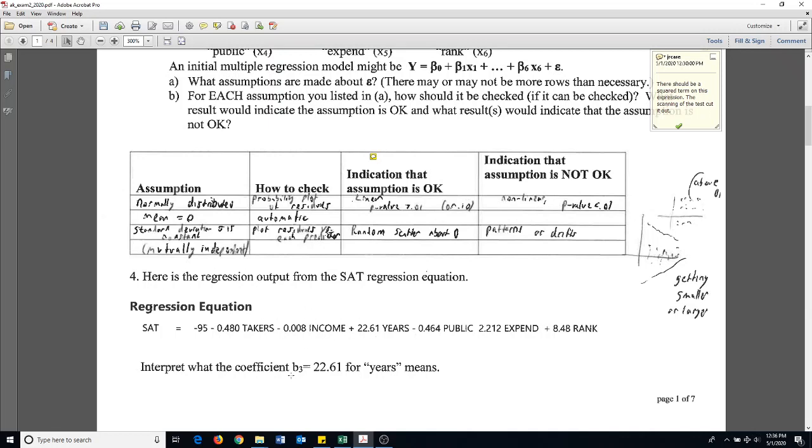The coefficient for b3, notice it is not a beta, 22.61, says that everything else being equal, or none of the other variables increase, make sure you include that, then if you increase years by 1, the SAT score will go up by 22.61. So that's basically everything on this page you should look at again.